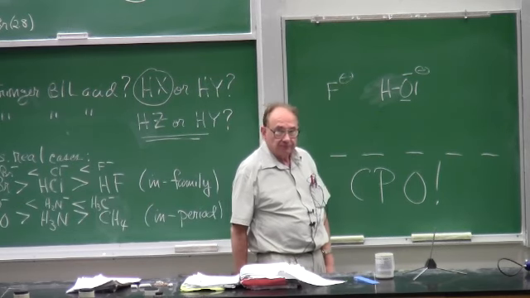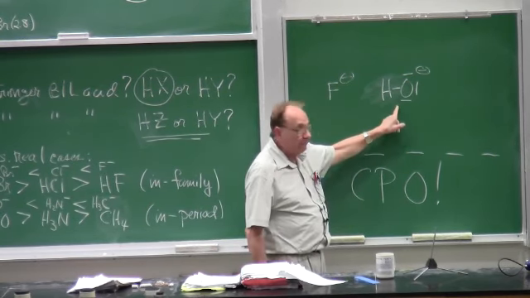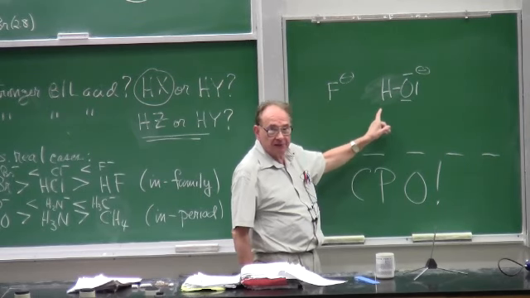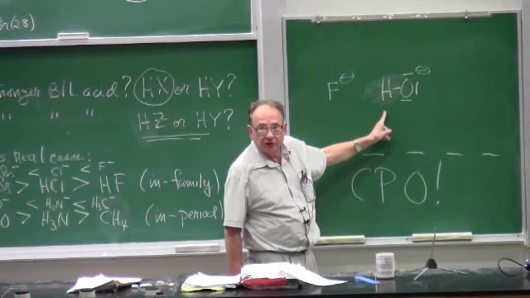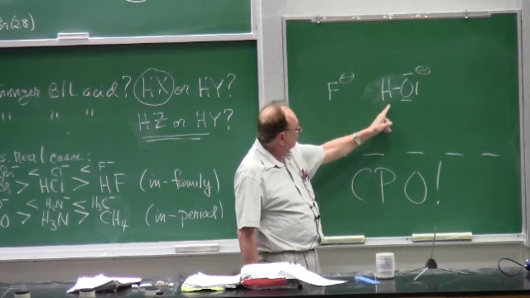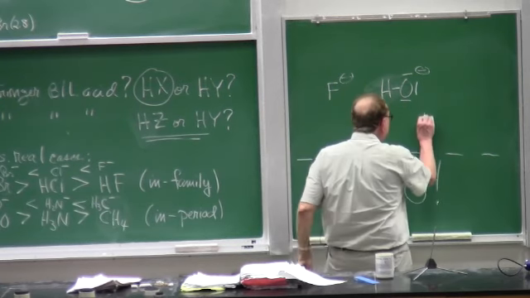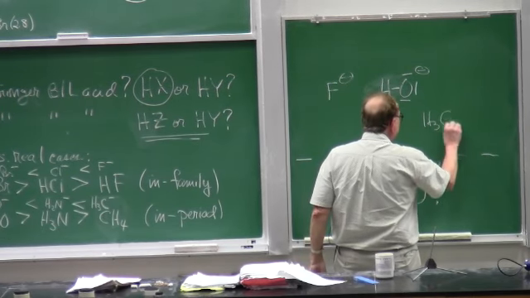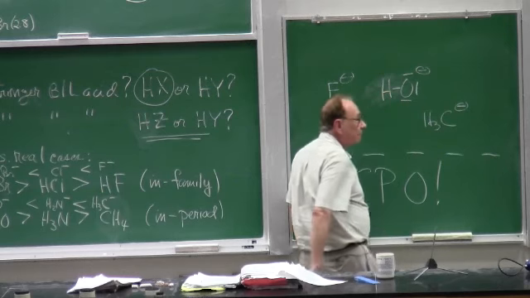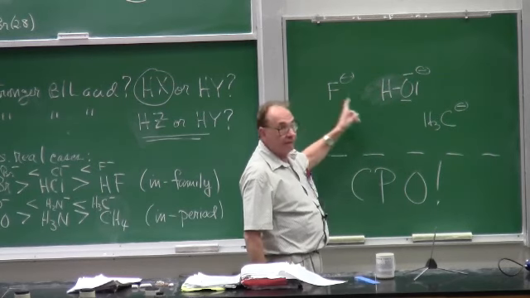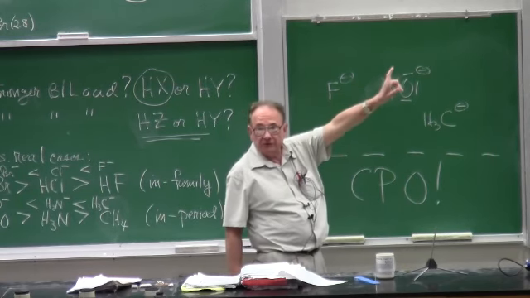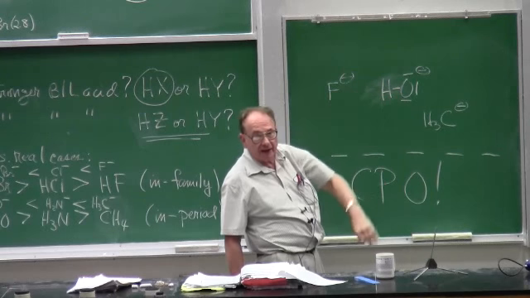Which means, if I try to rationalize the difference in the base strengths of these two species on the basis of charge to size ratio, I'm going to argue this to be the weaker base. And when I get to H3C minus, now carbon versus fluorine, pretty good difference in size, because now we've gone across 4 atoms.